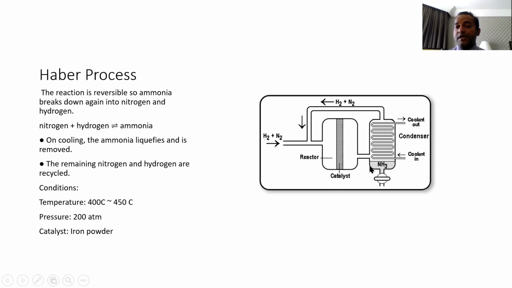Then it will form ammonia. Once it is transferred to the cooling reactor, the ammonia gas will condense to form liquid ammonia, and the liquid ammonia can be removed. Whatever hydrogen and nitrogen do not react will be recycled back to go through this process.